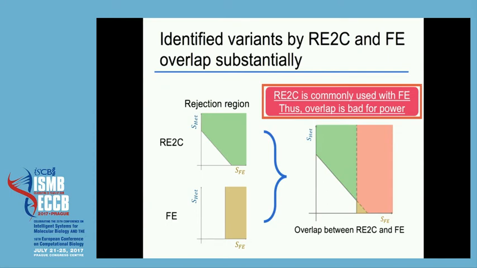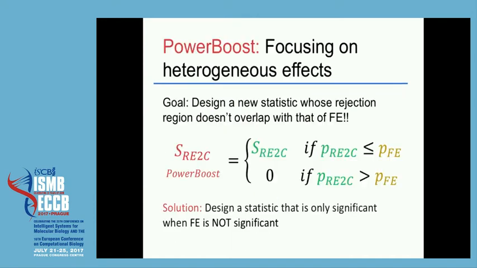Thus, the overlap is bad for the power. We suggest a new statistic, R2C power boost, which focuses on the heterogeneous effect. The goal is to design a new statistic whose rejection region doesn't overlap with that of the fixed effect model. Our solution is to design a new statistic that is only significant when the fixed effect is not significant.